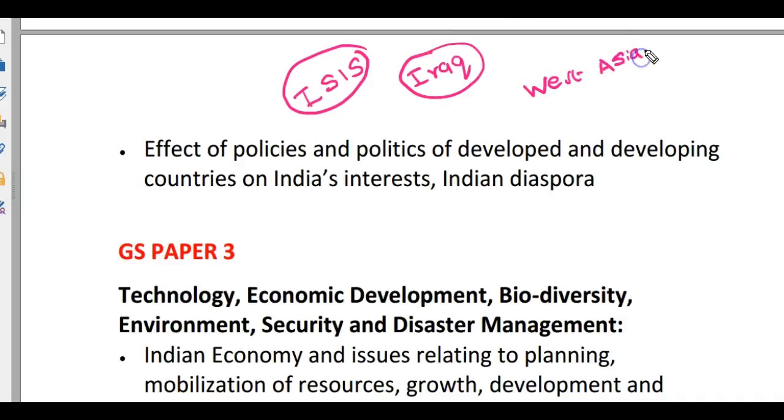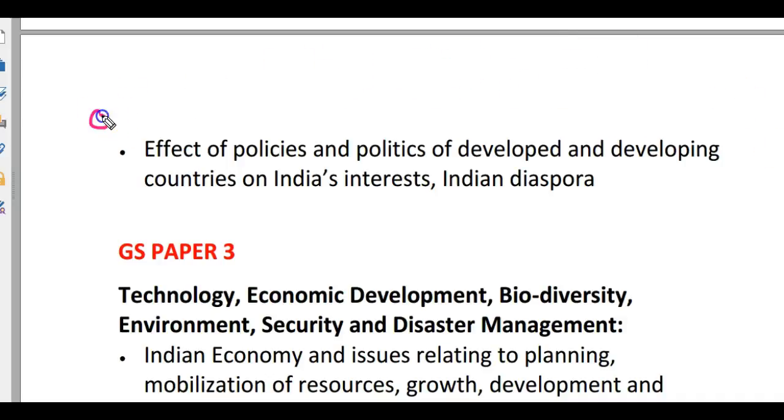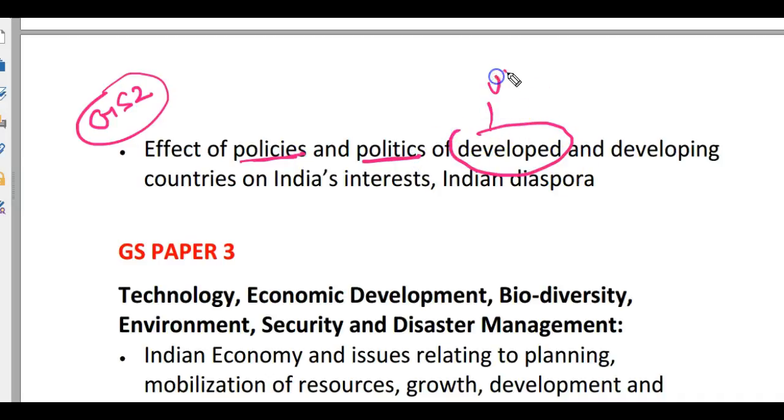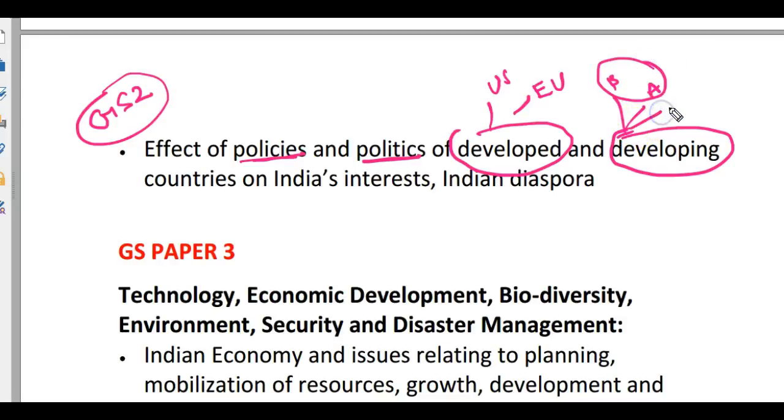It is important for the civil services examination because in GS paper 2 we have a topic called the effect of policies and politics of developed countries like US, European Union and developing countries like Brazil, Argentina in South America and China, Russia.